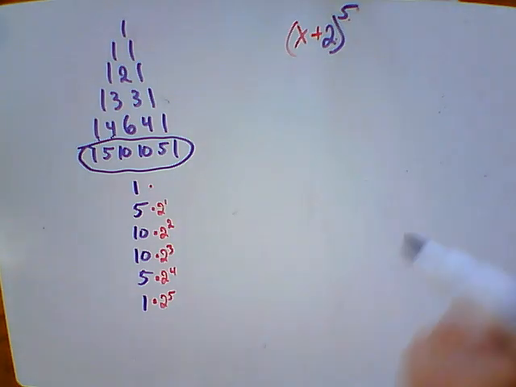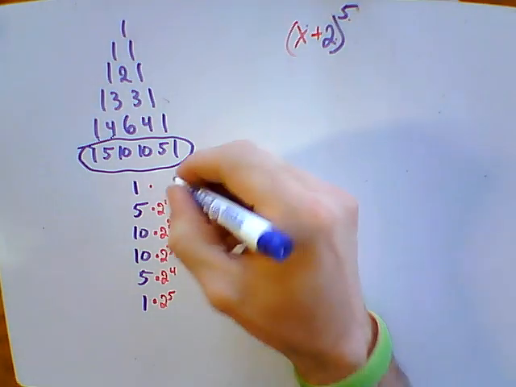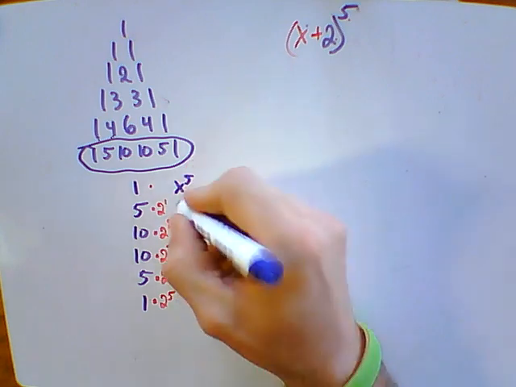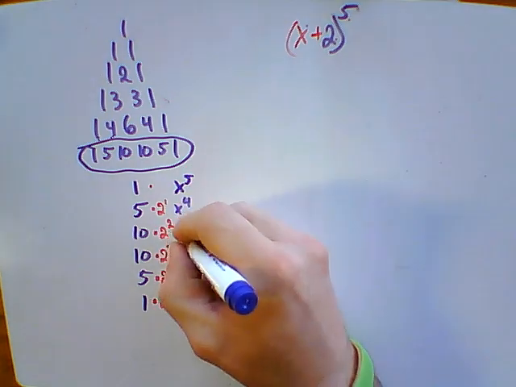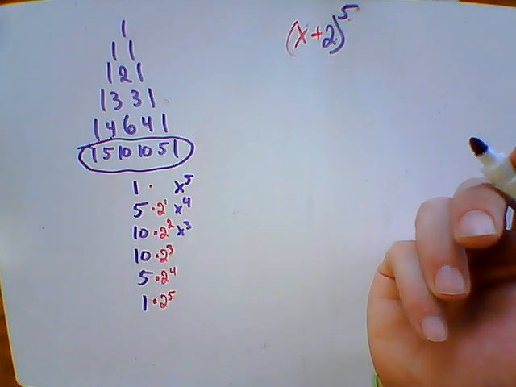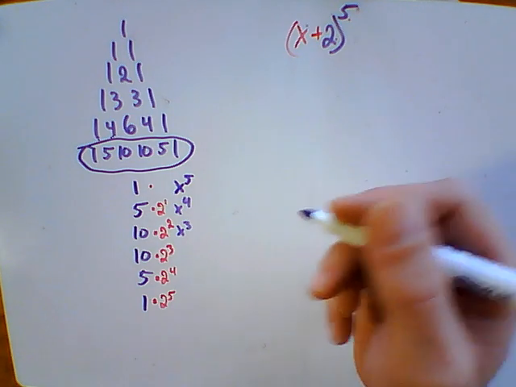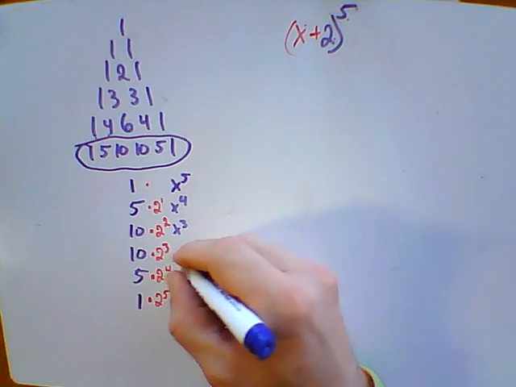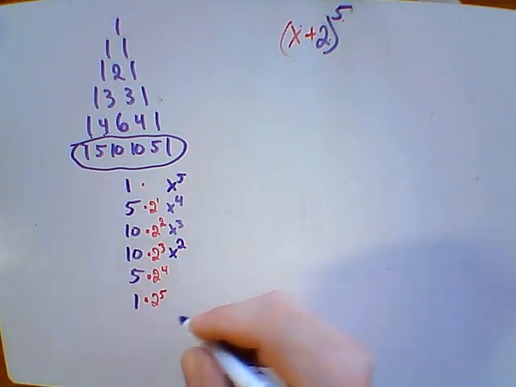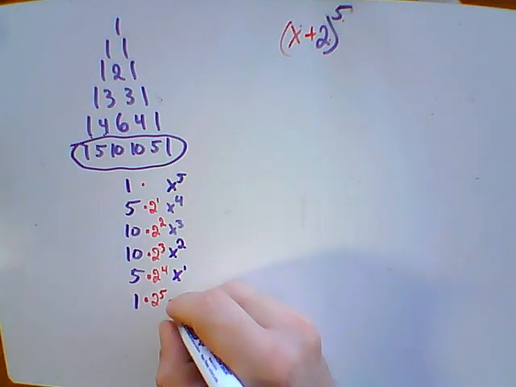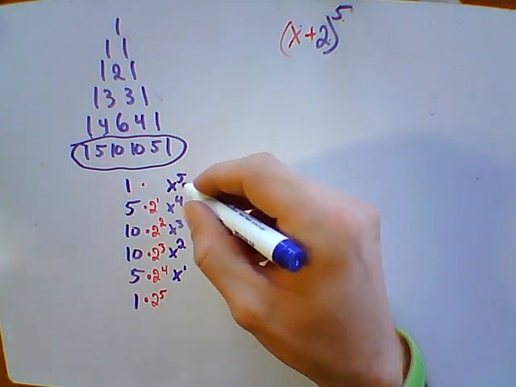And then I take my x's, x to the 5th, and count down. X to the 5th, x to the 4th, x to the 3rd. By the way, I'm only working this out slowly right now because this is our first time. As you get better, you're going to get faster and faster at this. X to the 2nd, x to the 1st, no x. And I just bring out all my pieces.